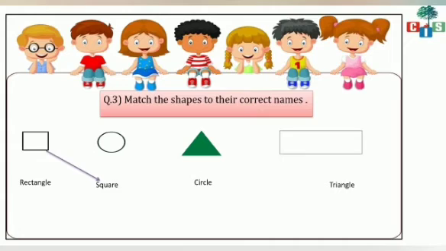So we will match it with the word square. See the second one, it's a circle, right? Yes. The third one is triangle, and the last is rectangle. Yes, the teacher has matched the shapes to their correct names. Now let's move to the next slide.